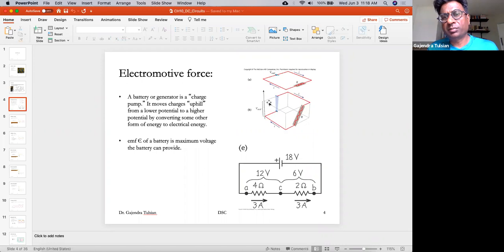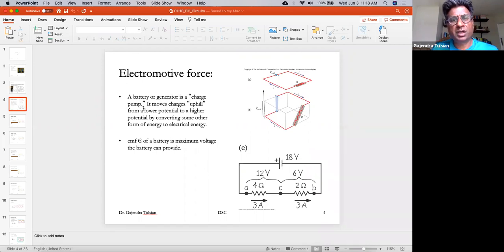So it increases the potential energy of a charge. And then this charge loses its potential energy when it goes through an element in the circuit. For instance, this could be a toaster, and that electrical energy is converted to heat and light in the toaster. All right, so a battery, our generator, is a charge pump.